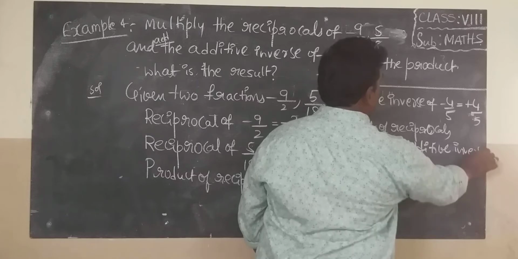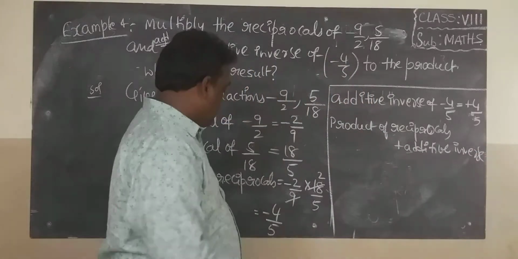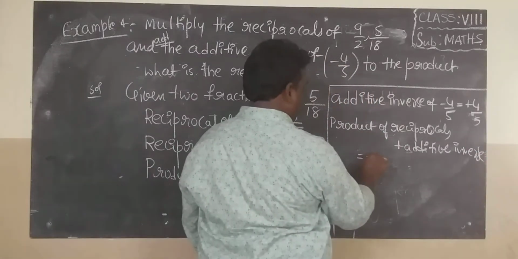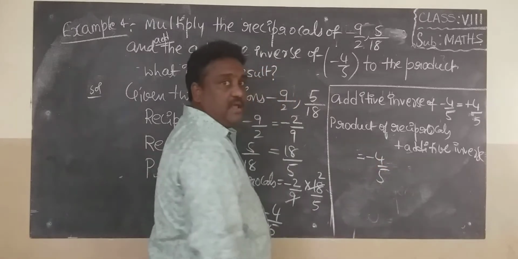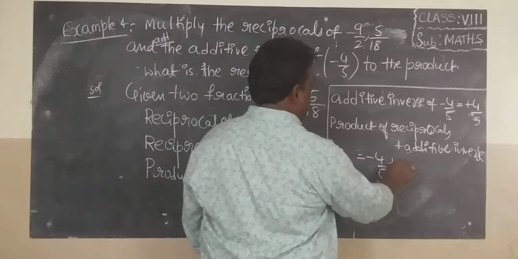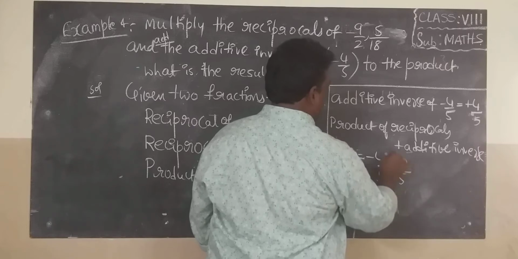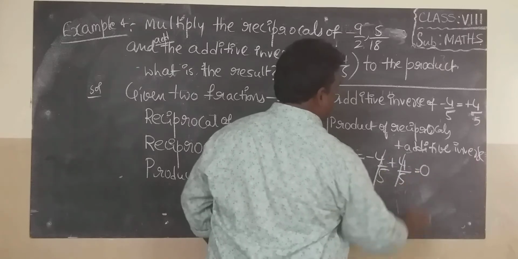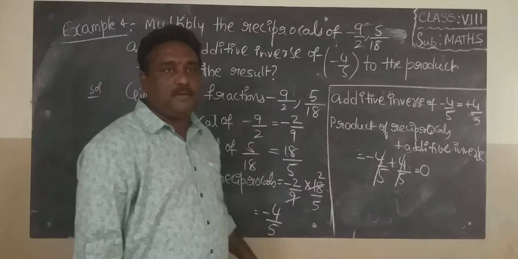Add both. What is the product of reciprocals? Minus 4 by 5. Then add, what is the additive inverse? Plus 4 by 5. Both cancel, we get 0. So there ends the problem.